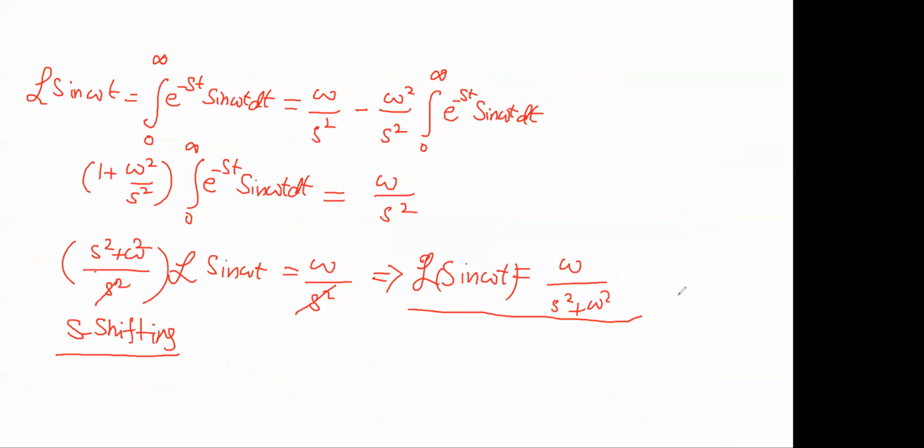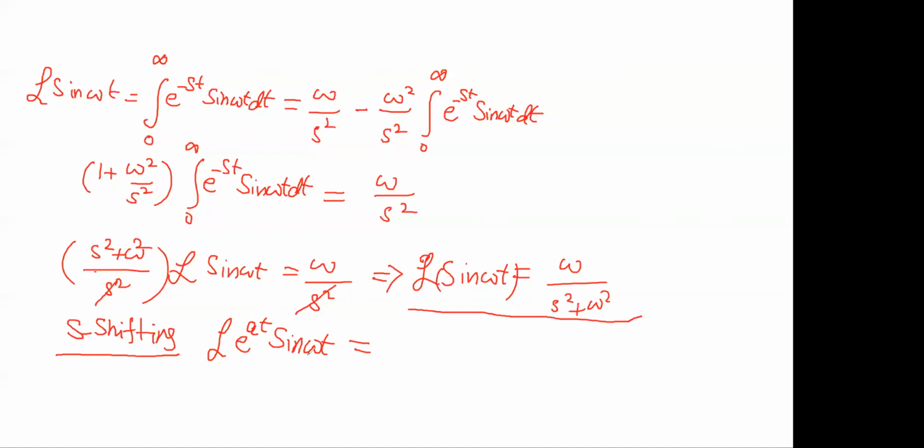I have done it in my uploaded video. So we can easily find the Laplace of e power at times sine of omega t. How? We have just found out the Laplace of sine of omega t as this.